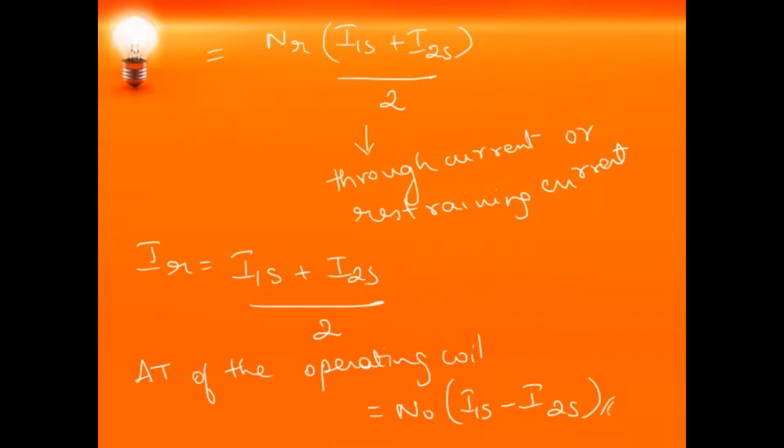If we neglect the spring, the relay will operate when the ampere turns provided by the operating coil, that is the operating torque, is greater than the restraining torque.